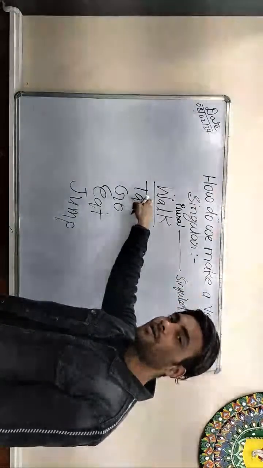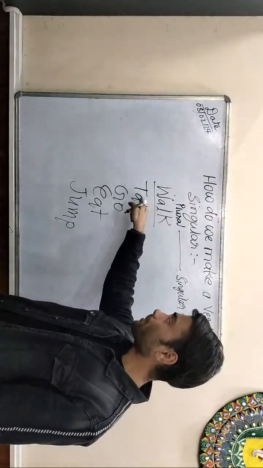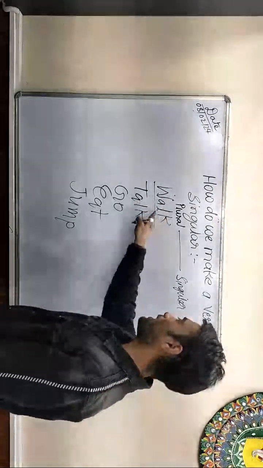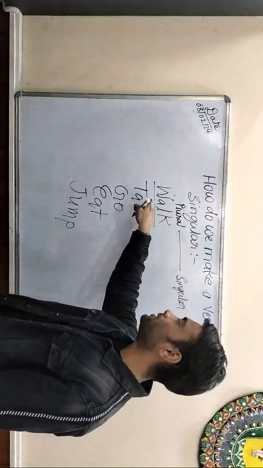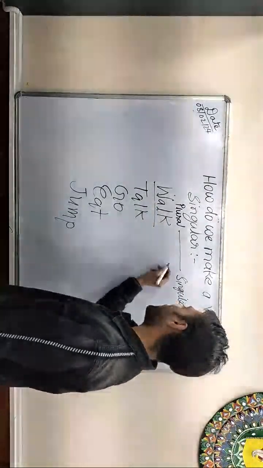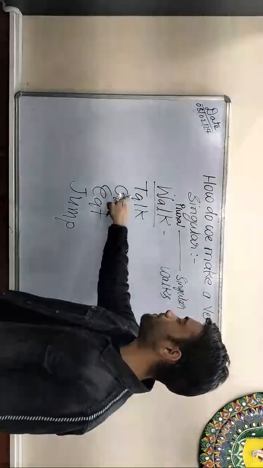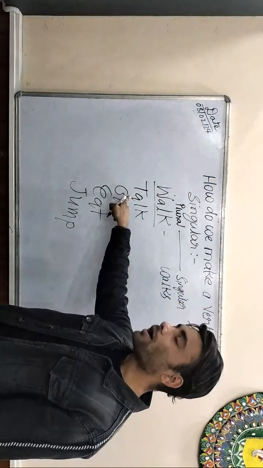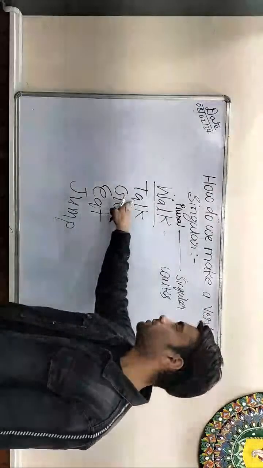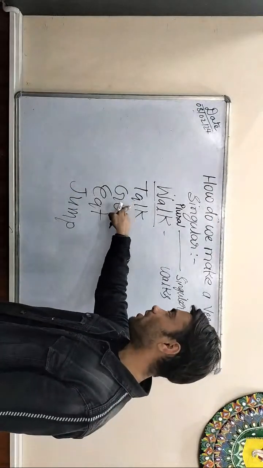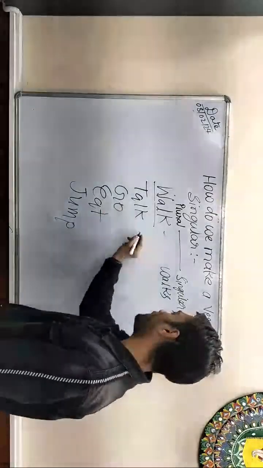The verb walk is plural. It's already plural. We make the singular of this verb walk by adding s. It becomes walks. The verb talk is plural. We make the singular of this verb by adding s again.